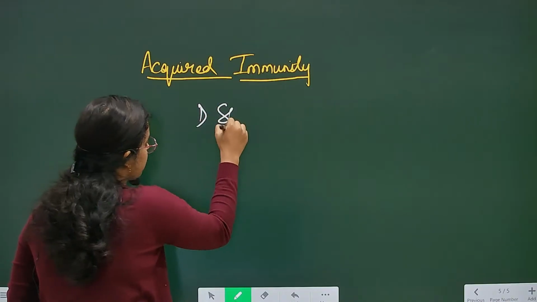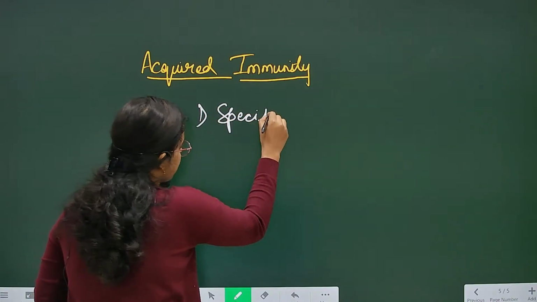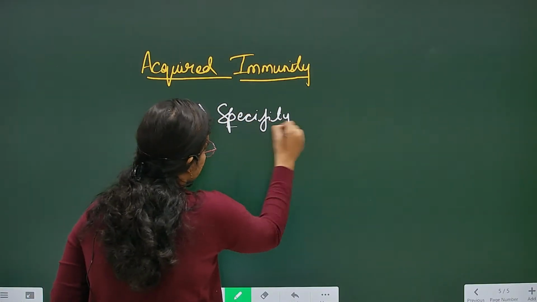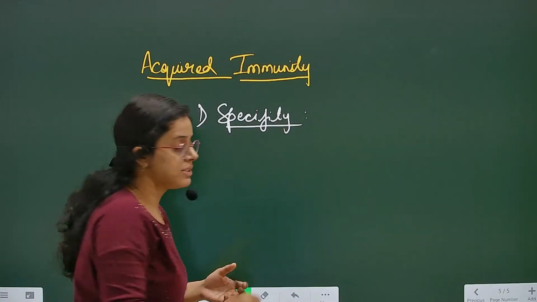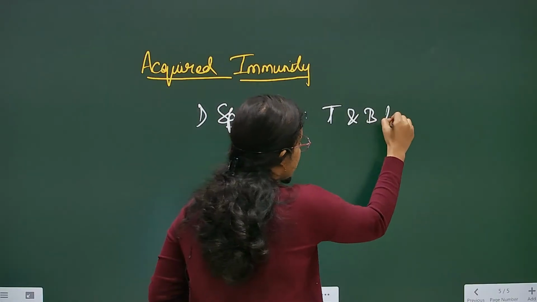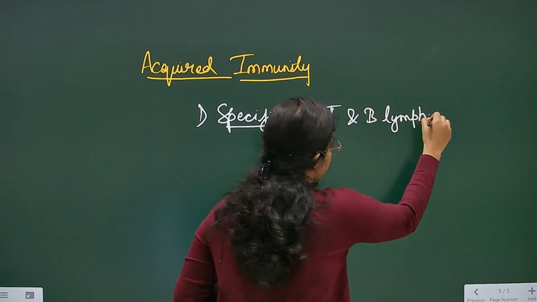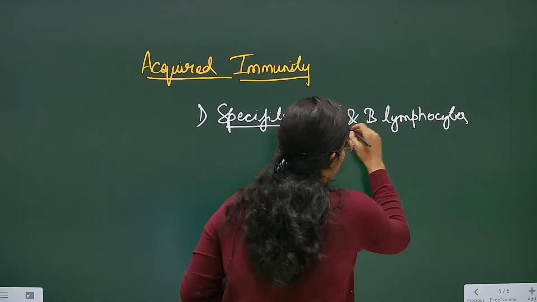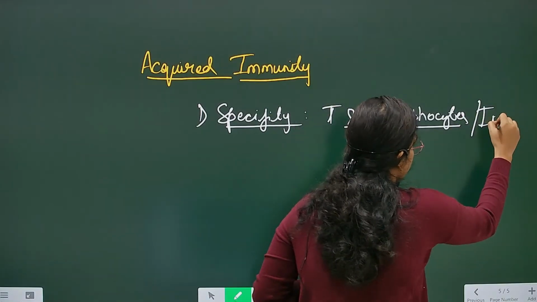Specificity, species specificity. These form antibodies, T lymphocytes and B lymphocytes, or you can say immunity.